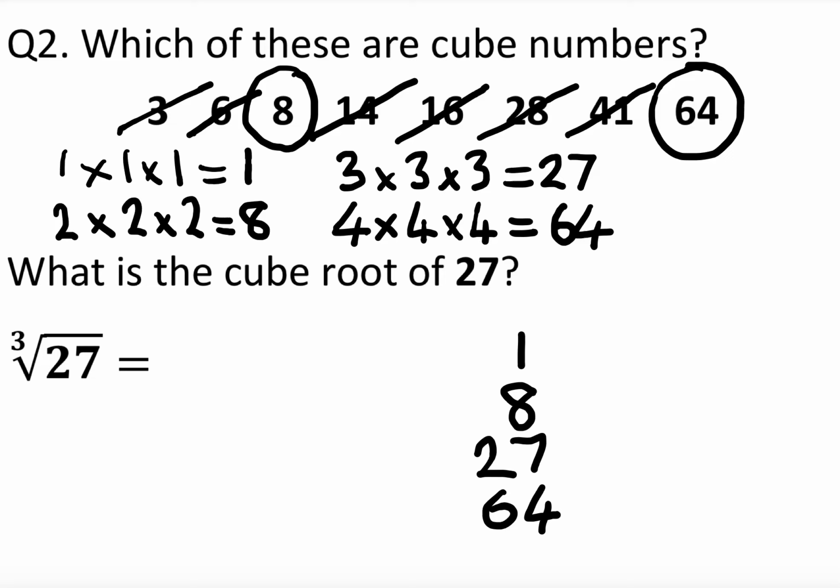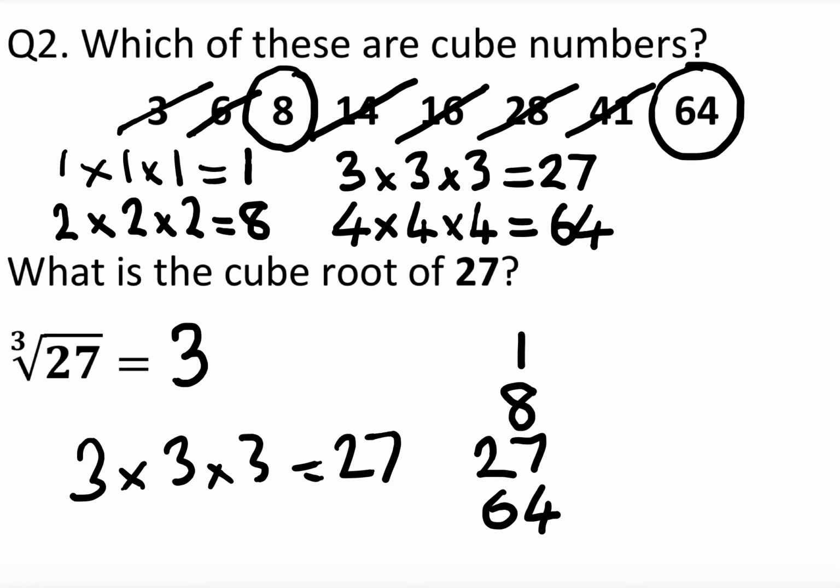And we've already done the working here. We can see we've got 27. If I write it down again at the bottom here, 3 times 3 times 3 equals 27. So the cube root is 3.